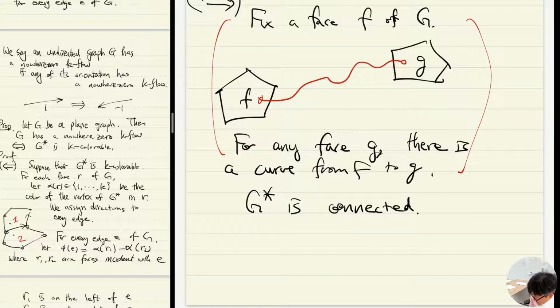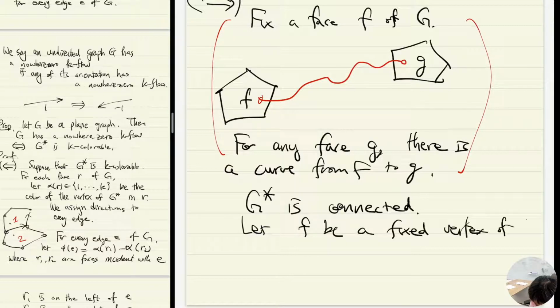Now let F be a fixed vertex of the dual, and we define the color of F to be, let's say, 0. Why not?